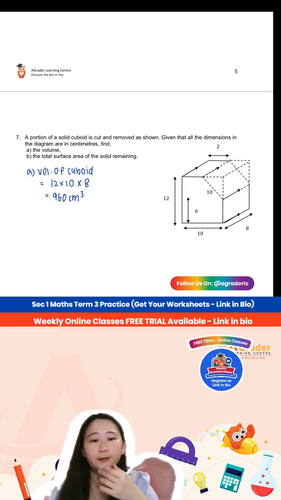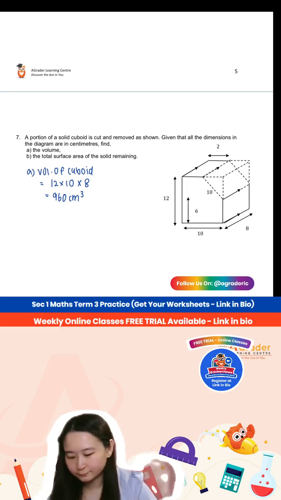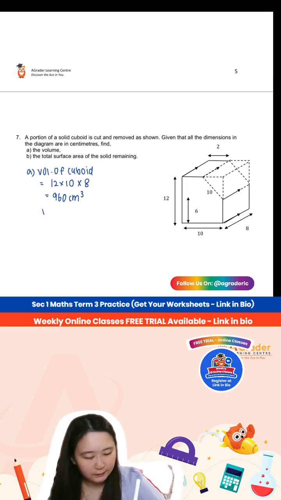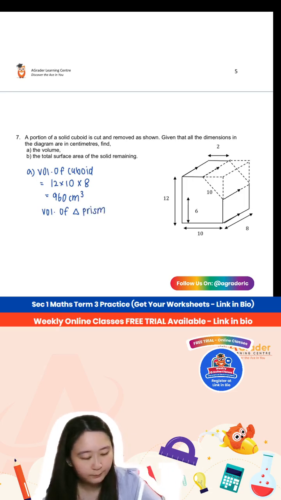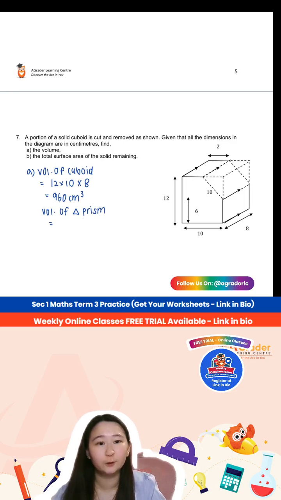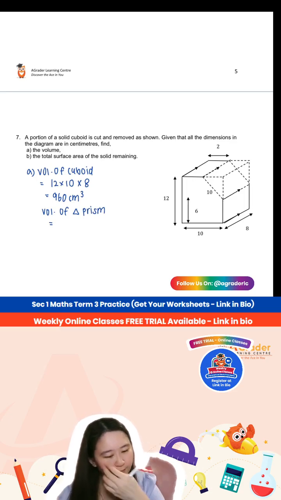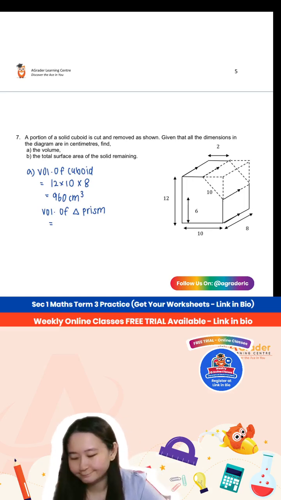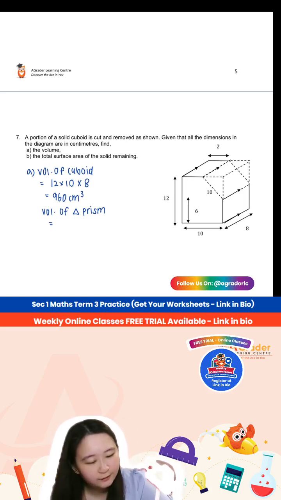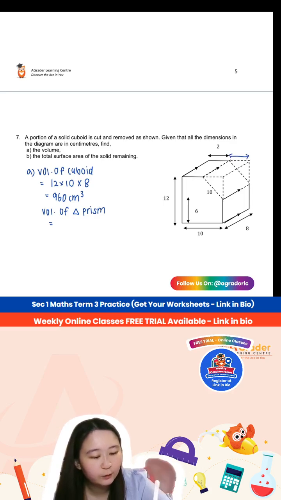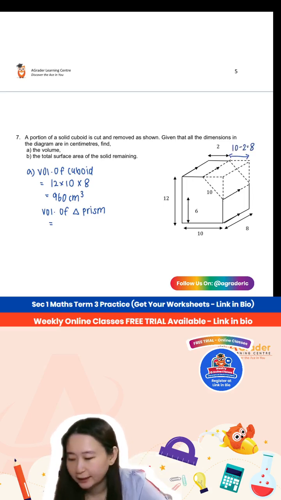Okay, make sure you get the correct unit. Then we want to take away the volume of the triangular prism. So we have to find this volume as well. Okay, so if that part is 2, means here will be 10 minus 2, which is 8.